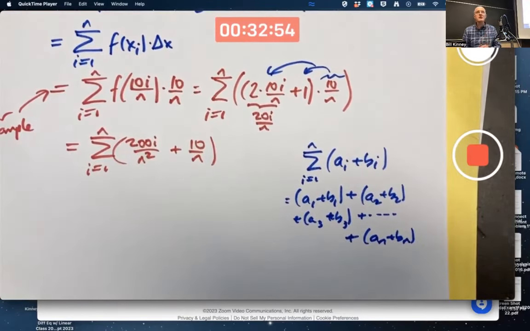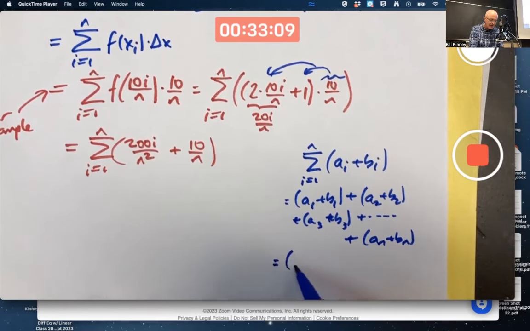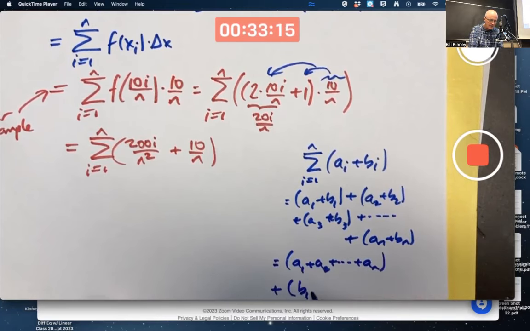Because of the commutative property of addition, I'm adding a bunch of things here, and the associative property, it doesn't matter where I put the parentheses. In fact, I can get rid of all those parentheses. I can rearrange the A's and the B's. I can group all the A's together and all the B's together. And I will put another set of parentheses in here for emphasis that I'm grouping these things together.